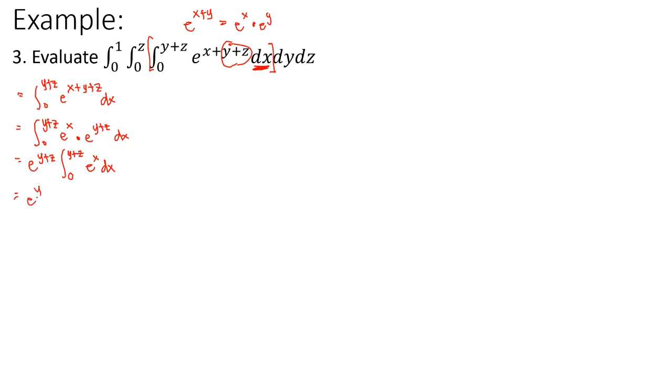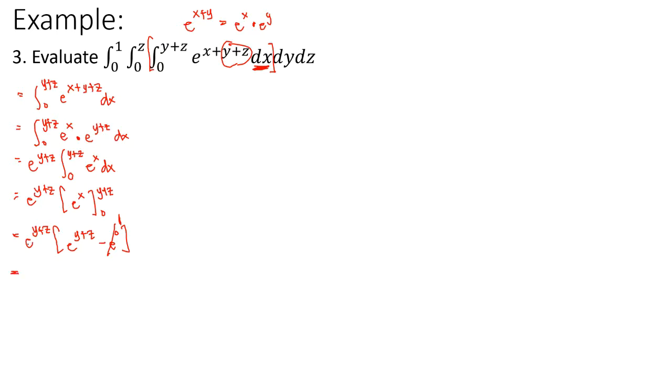So we have e raised to y plus z, we have e raised to x, and we have the limits from 0 to y plus z. So we have e raised to y plus z, replacing x by y plus z, minus the lower limit, e raised to 0. You cannot neglect this because this is equivalent to 1, right?